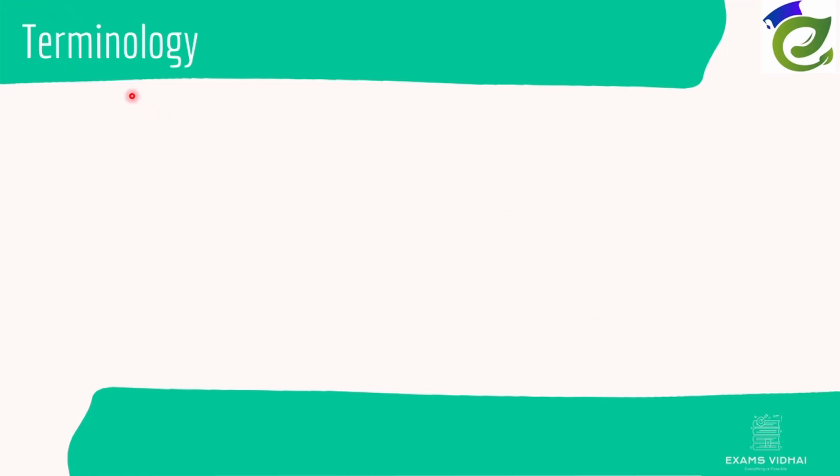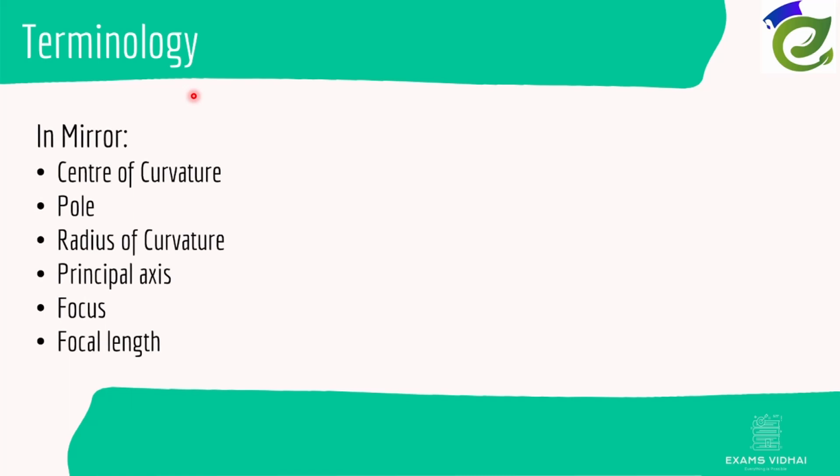Alright, the terminology is a bit tricky, but when you get the hang of it, you will understand what's going on. In mirror terminology, there are two types of terminology we are going to study: for the mirror, and for the image and object that is being formed. For the mirror, you have the center of curvature, pole, radius of curvature, principal axis, focus, and focal length.